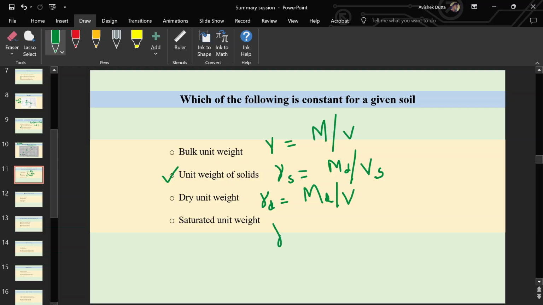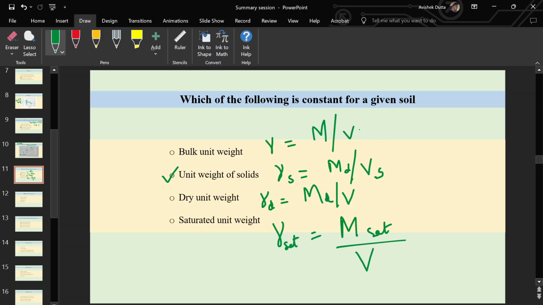And saturated unit weight gamma sat equals saturated mass divided by total volume. Here just replace mass by weight because I have written gamma, so it should be the weight anyway.